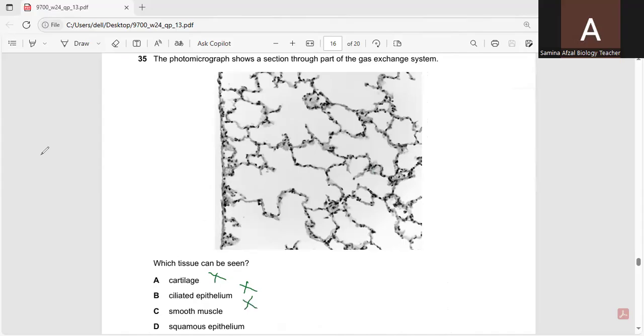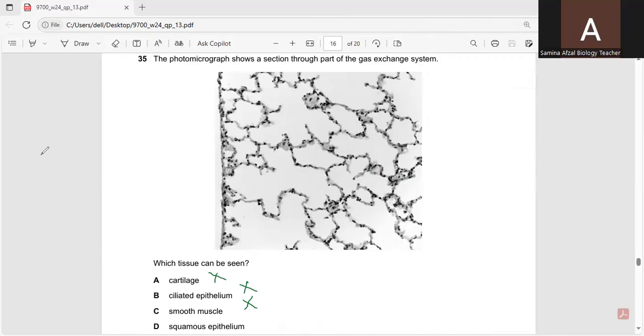So only the squamous epithelial option is characterized by a single layer. This is the characteristic of the alveoli, that their internal layer consists of flat, thin cells which are called squamous epithelium.